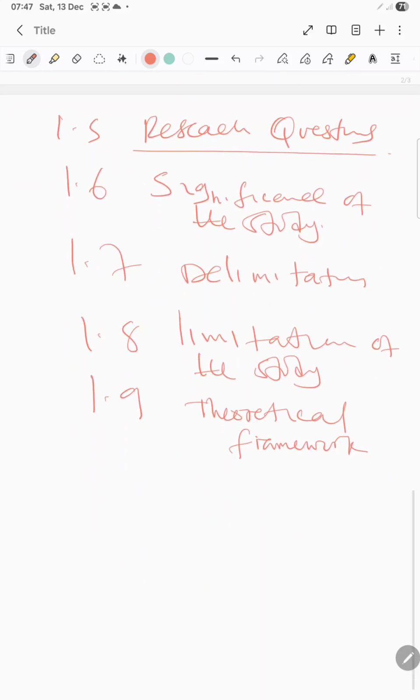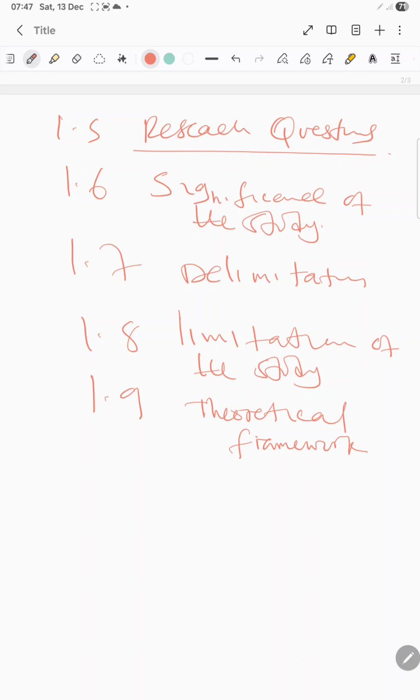Let me define it for you. A theoretical framework is simply a phenomenon that explains a certain concept fully so that it is well understood.